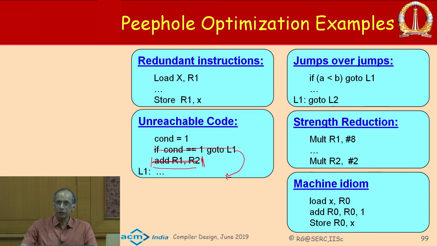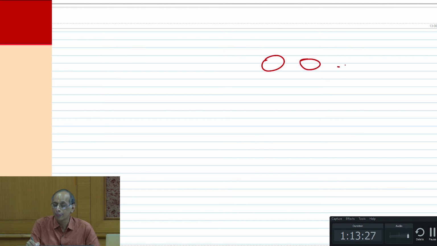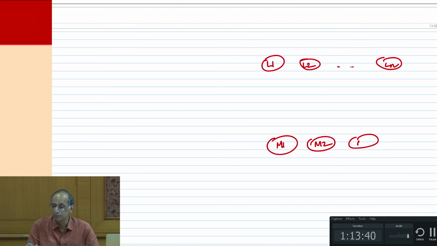Now, this retargetability to multiple target machines, you would have seen why that happens. You have different languages, language 1, language 2 and language n, and then you have different machines, machine 1, machine 2 and machine 3.